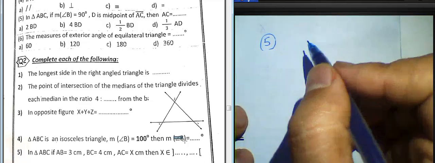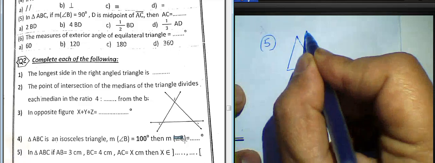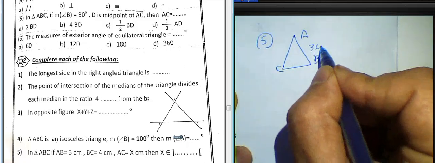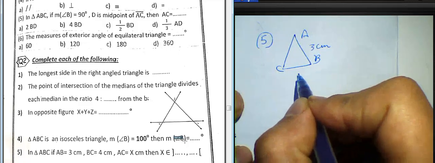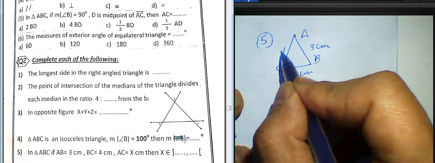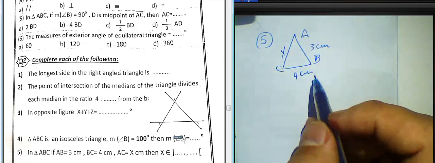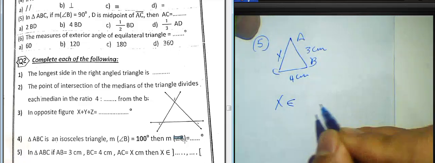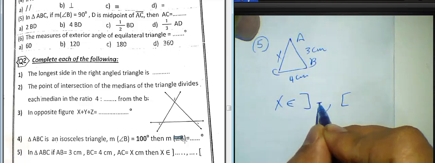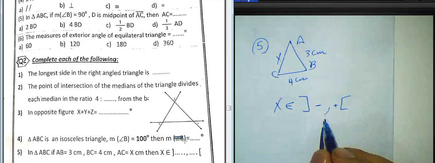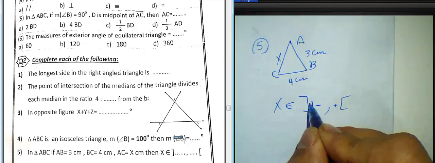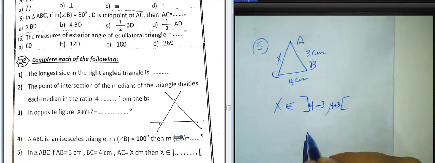In triangle ABC, AB equals 3 centimeters and BC equals 4 centimeters. Then what is AC? We know x belongs to the open interval from the difference to the sum of the two known sides: 4 minus 3 and 4 plus 3.